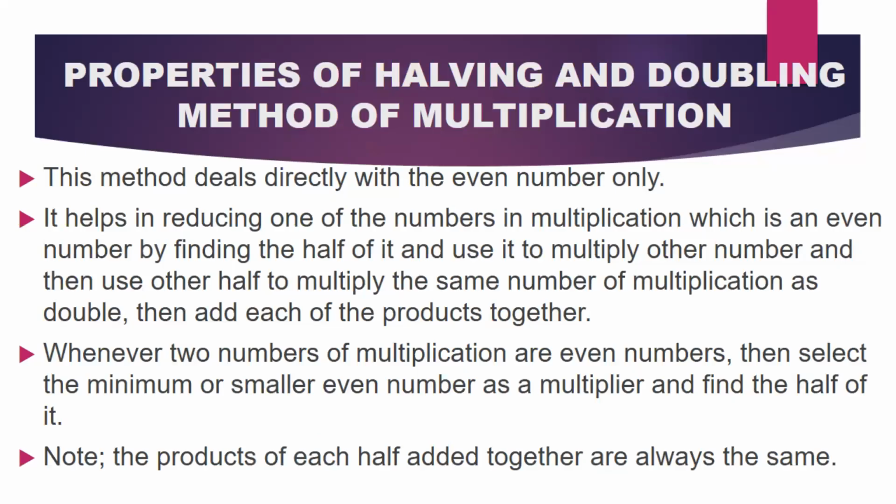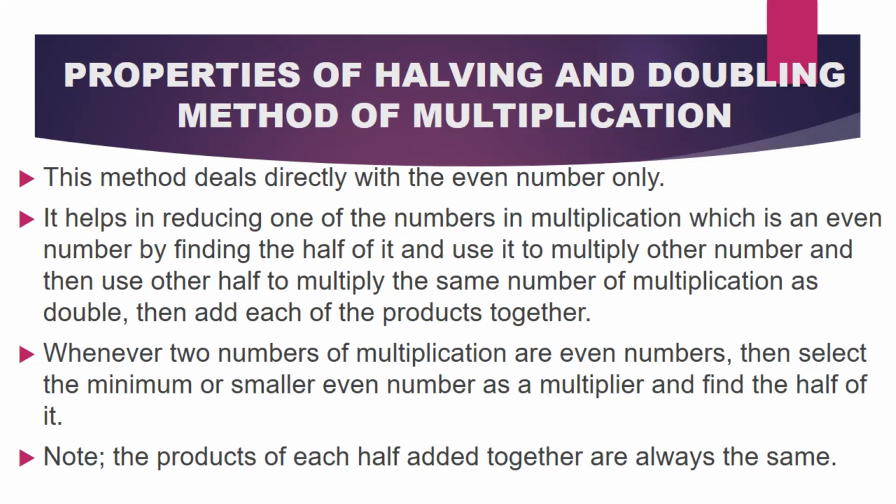Let's see some of the properties of the halving and doubling method of multiplication. This method deals directly with even numbers only. So whenever you have a multiplication problem and you want to use this method to solve it, you make sure that there's an even number in the situation, because it can only work when there's an even number.